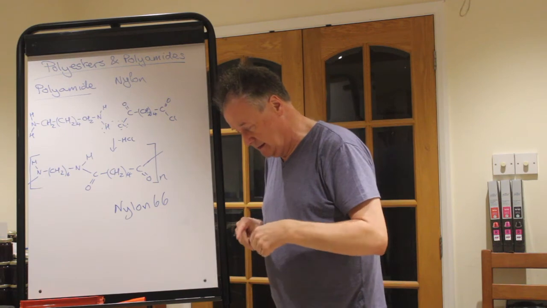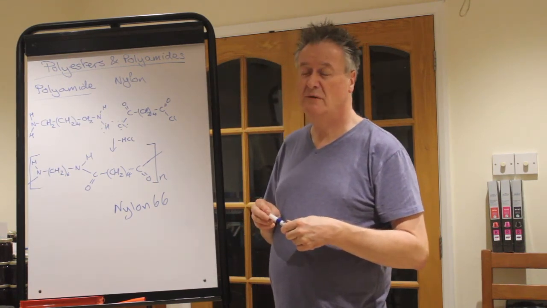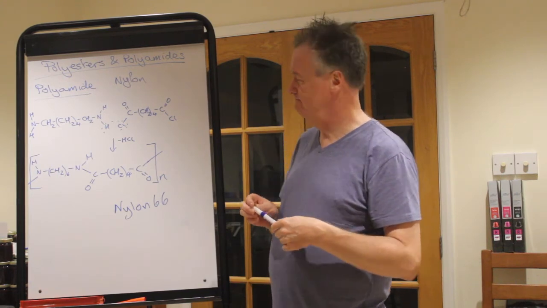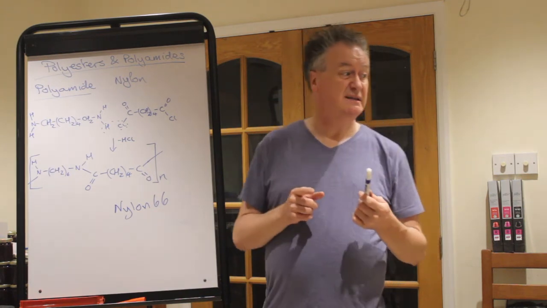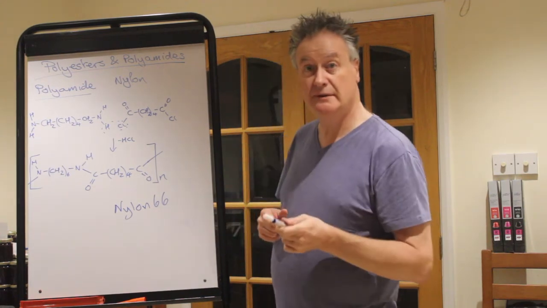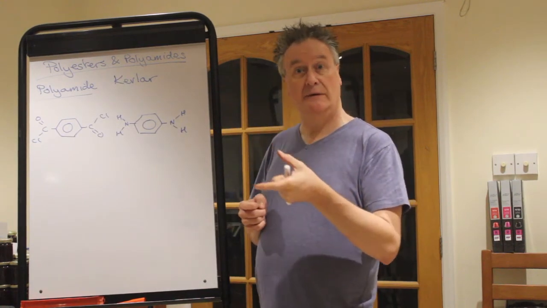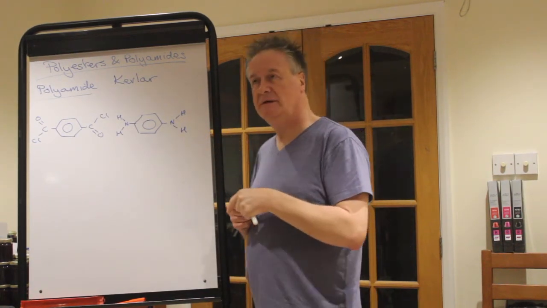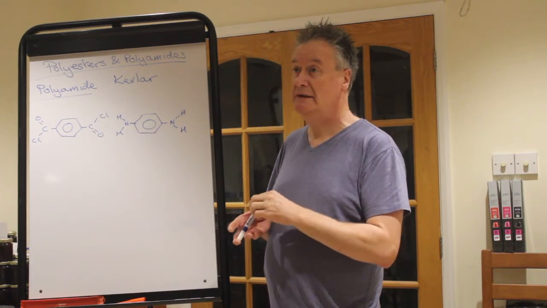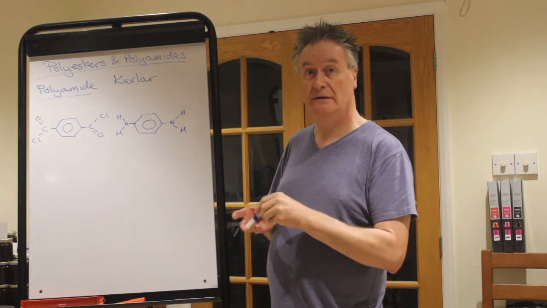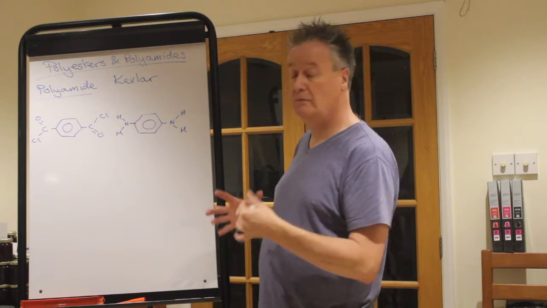We'll have a little look at one slightly more, not massively more, but slightly more modern polyamide, which is Kevlar. So Kevlar. Stephanie Kwolek, I think, was the lady who invented the material Kevlar, responsible for an awful lot of life-saving crash helmets, body armour in the military and police.